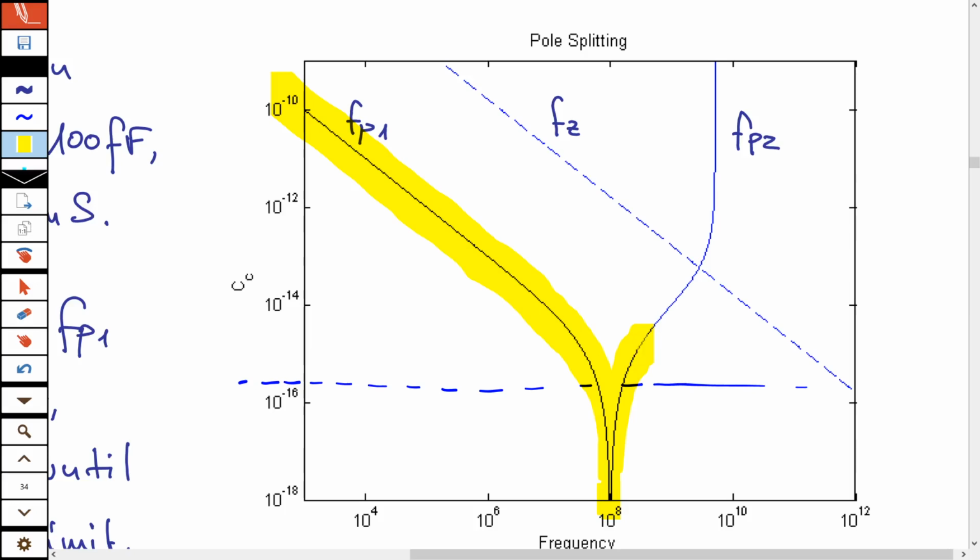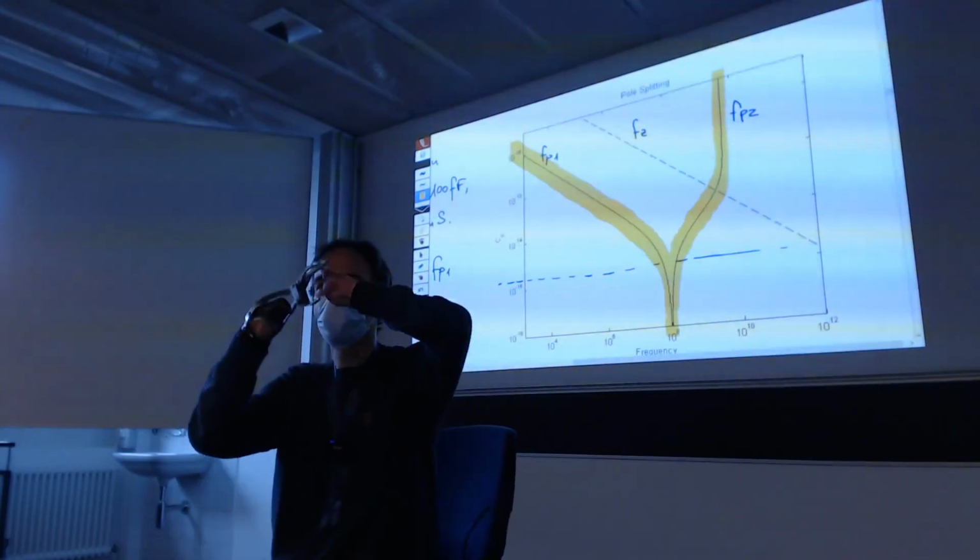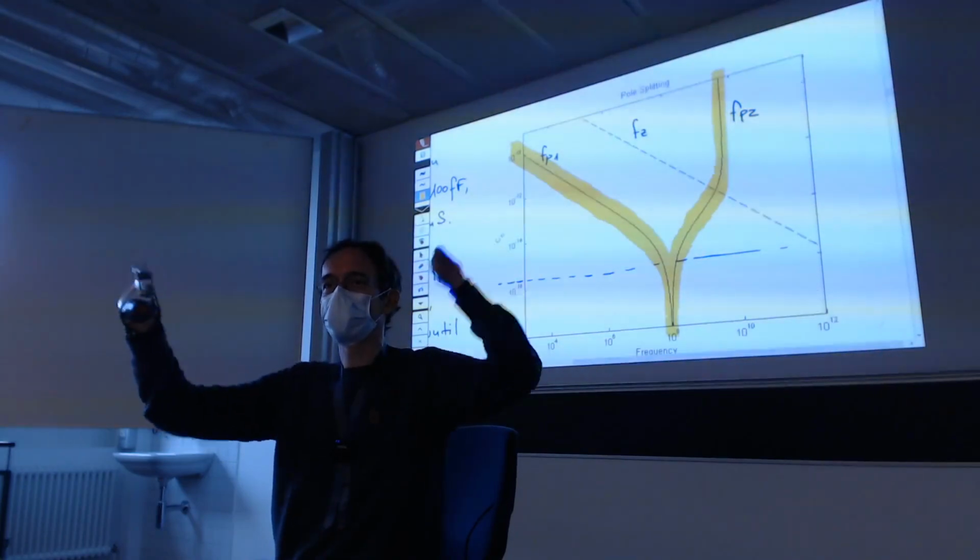The pole at the output, when I increase CC, will go up, but not indefinitely. At some point, it will not be able to go higher. So the more additional capacitance I put there, the more I split the poles, so they will move apart.